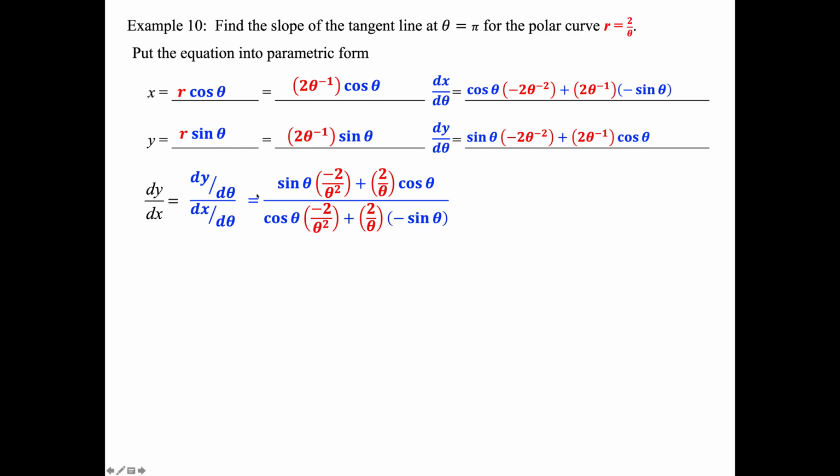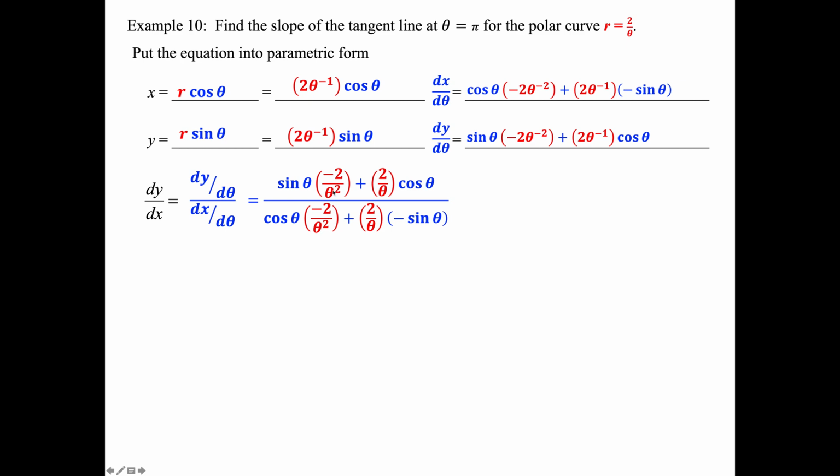Now I could, if I wanted to, plug in my pi for theta, but I'm probably going to have to do some multiplying of some reciprocals to make this easier to work with. So if you wanted to, we could do this right now. Since 2 over theta is a factor of negative 2 over theta squared, this is, if you will, the bigger factor.